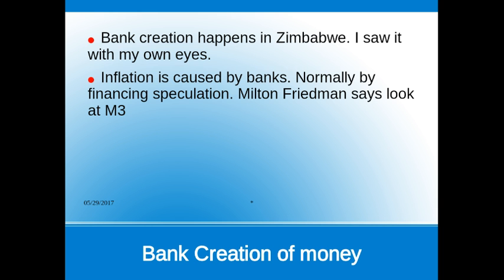Increase in M3. Milton Friedman from the University of Chicago, the late Milton Friedman, says what you have to do is look at M3 if you want to understand inflation. You will see M3 shoot up before inflation goes up.